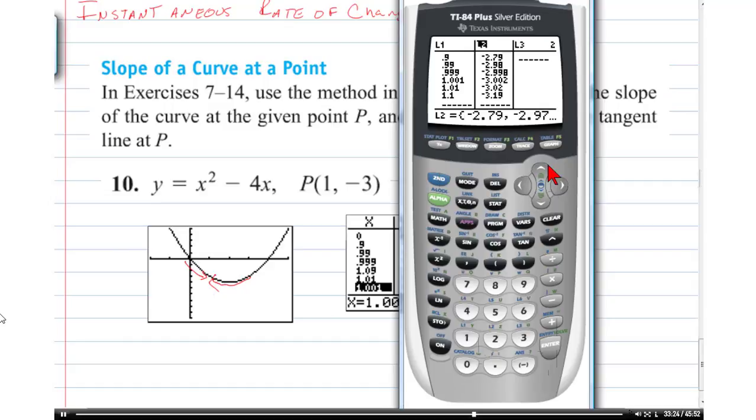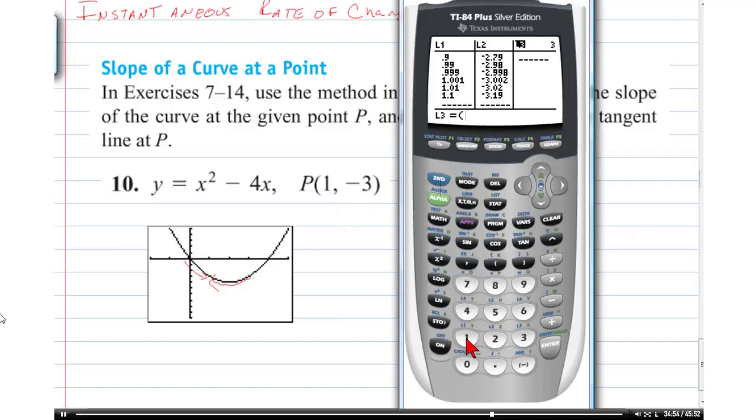List 3, I want to be the slope for these points. So I'm going to highlight list 3 and use the slope formula here. How do we find the slope? It's the change in y over the change in x, right? So for this formula, I need open parentheses, because I'm going to have a difference on top of a fraction and a difference on the bottom of a fraction. It's got to be in parentheses. List 3 is going to be y2, the y values calculated here.